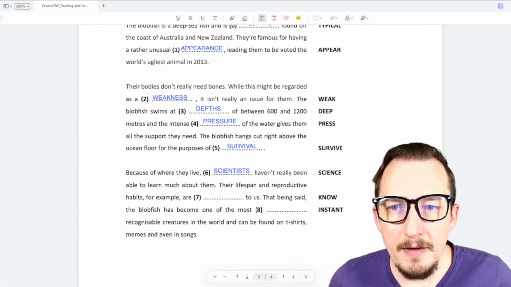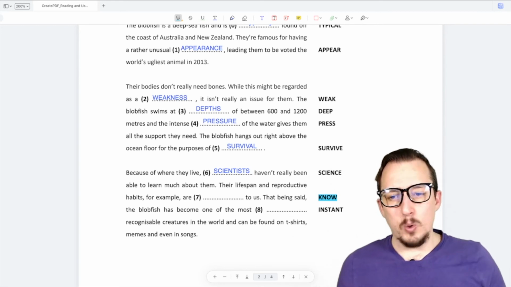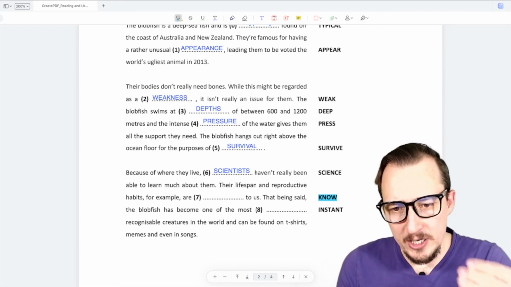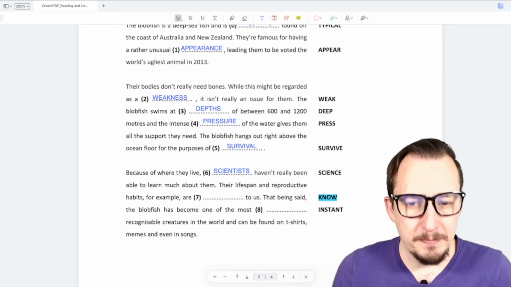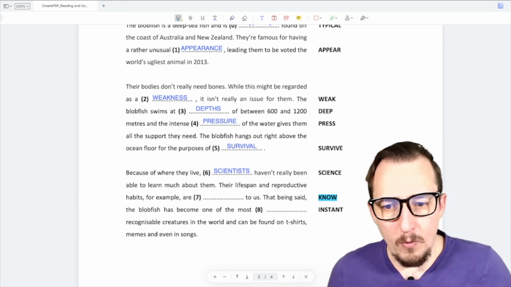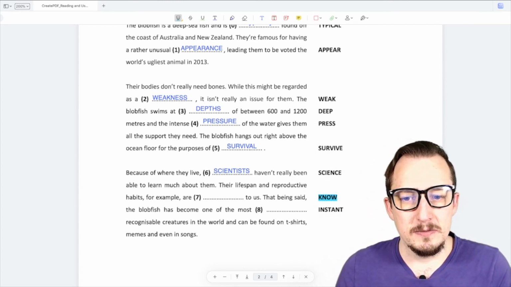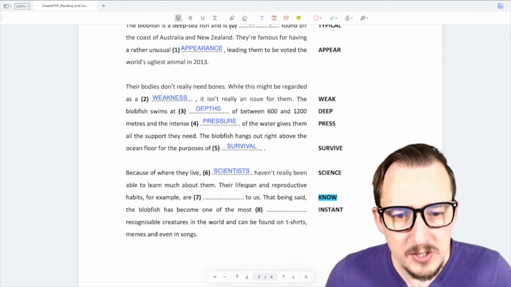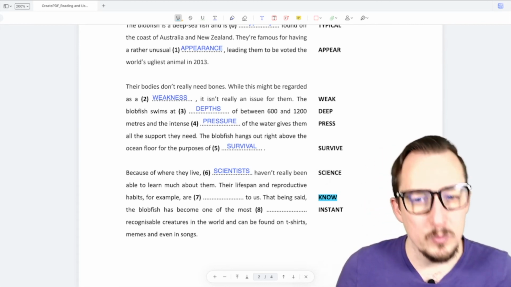So we have the stem word know. And what is this talking about then? So it's kind of continuing on from the fact that scientists haven't been able to learn much about them. Therefore, for example, their lifespan and reproductive habits, we don't know about them. So we need a word that means the same as we don't know.